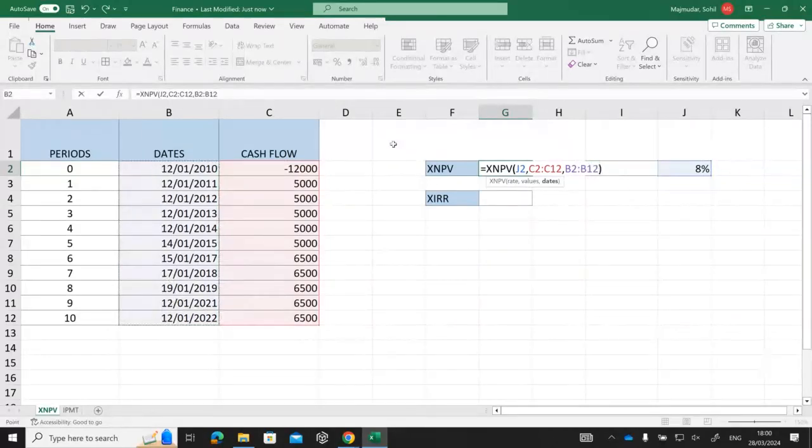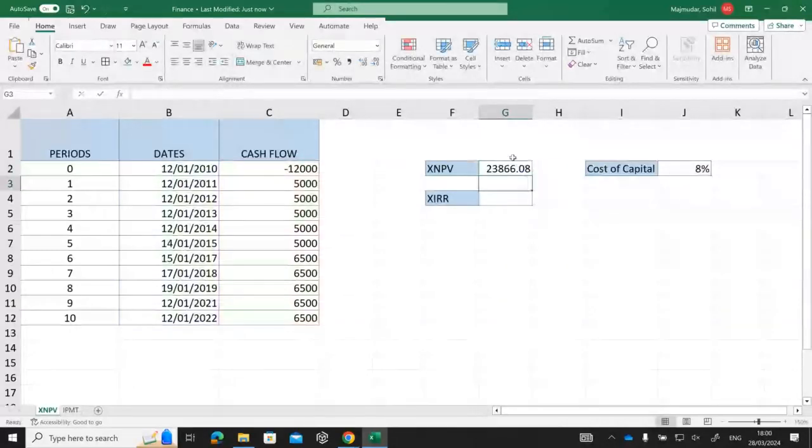And close the bracket. And enter. So XNPV, remember, will be a number.